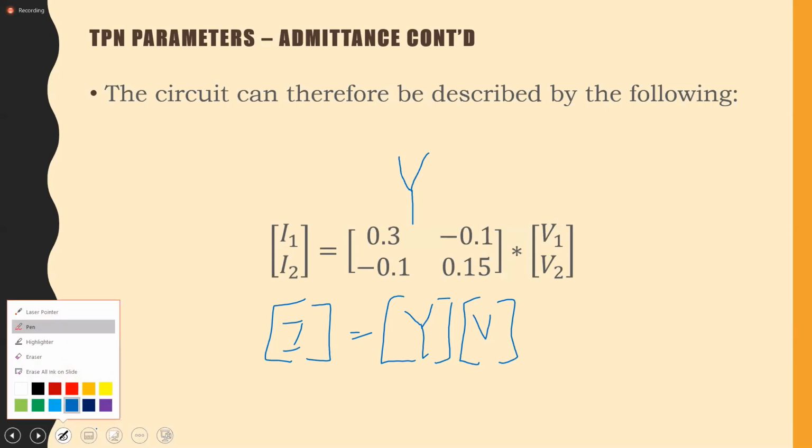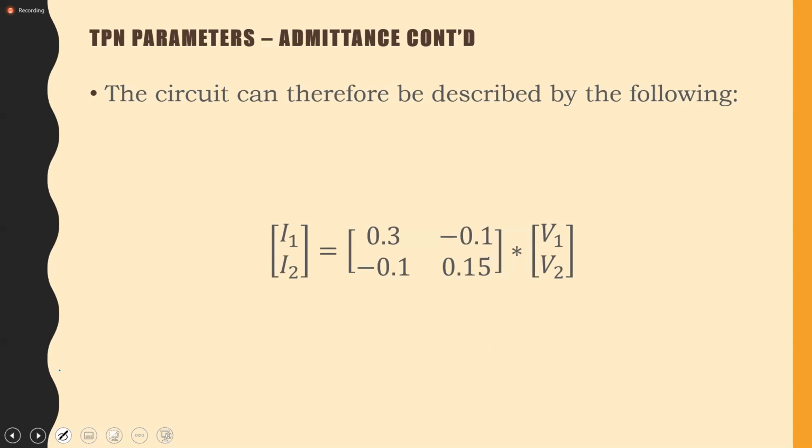And what we want to now do is to use it for something of value. Remember we said that once I describe my network using these parameters, I can use the parameters to determine what will happen on the input side if I change the load, or what will happen to the load if I change the input.